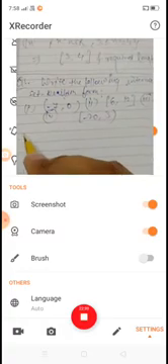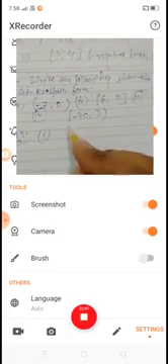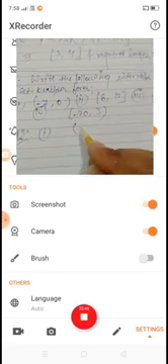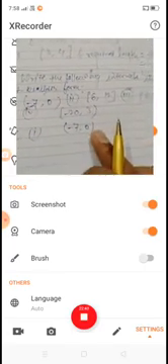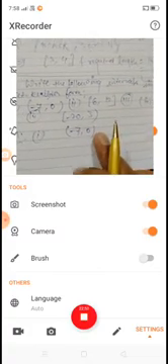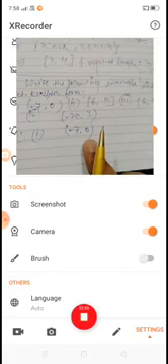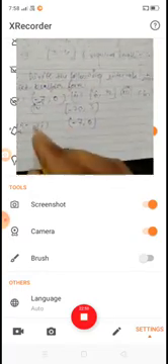Now we take the first question. The first question is minus 7 and 0, both are in open intervals. So we write this interval in set builder form in this way.